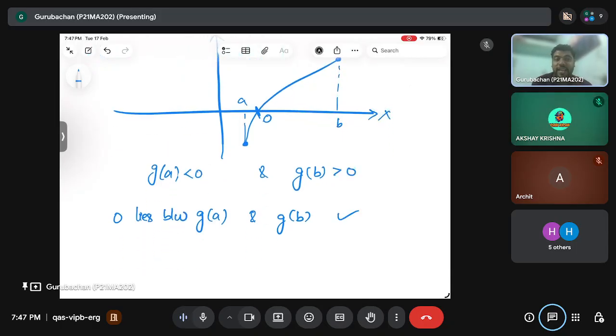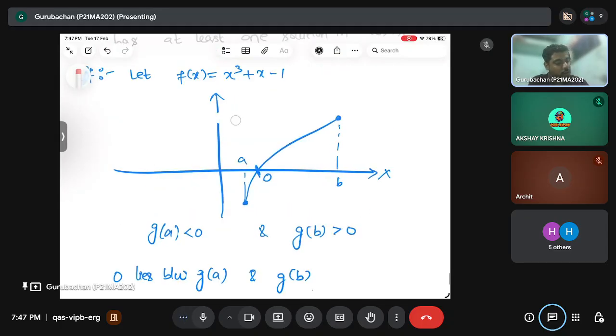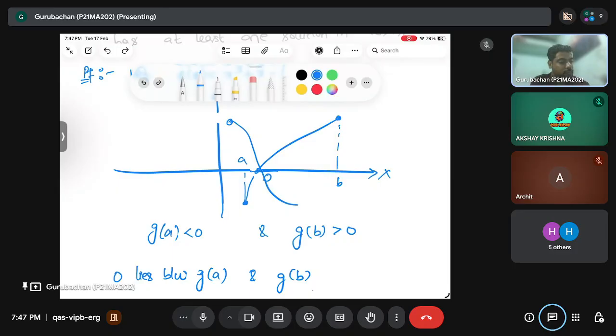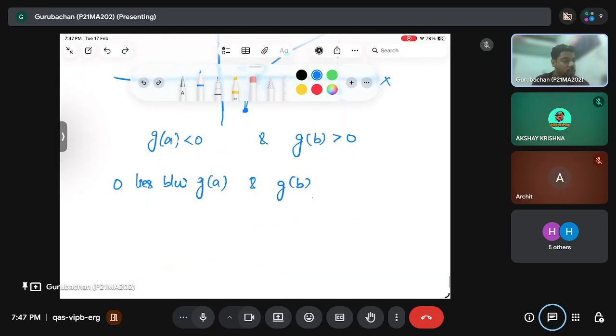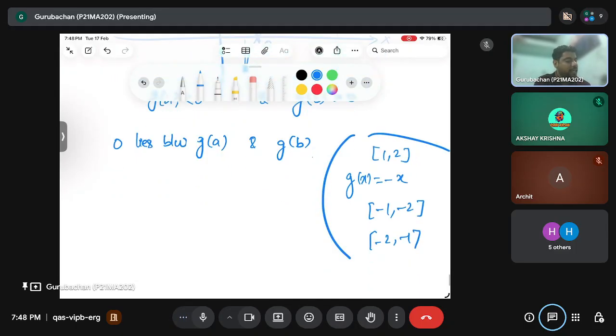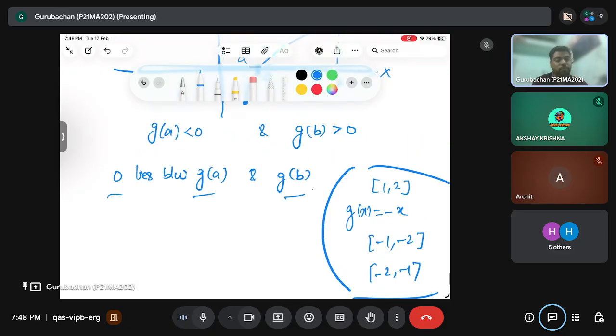Observe, we are not saying that it is an interval because we cannot guarantee. Maybe if our function is decreasing, this interval will be changed. If g of x is equal to minus x, then for 1 to 2 the range will not be minus 1 to minus 2, it will be minus 2 to minus 1. Understood my point? That is why we wrote any point between g of a and g of b.